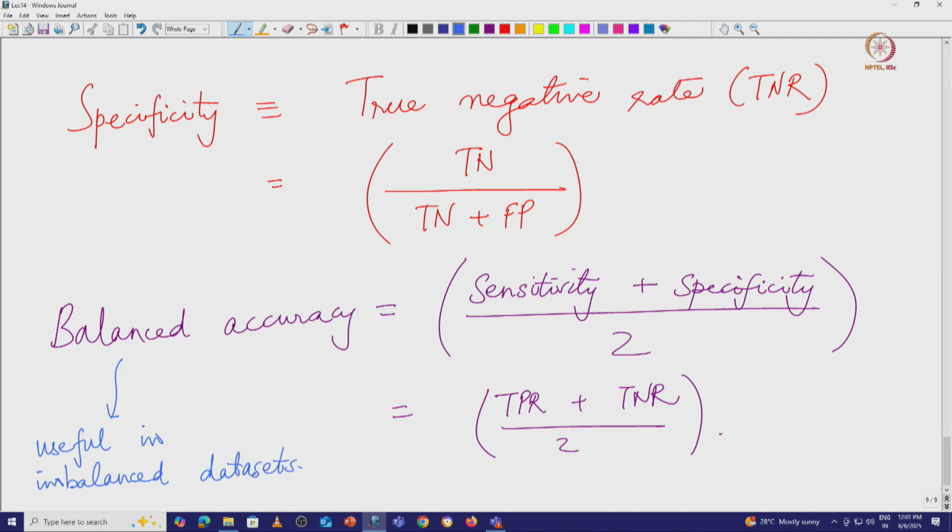But as a matter of principle, you can use it in all data sets. So, that is the balanced accuracy score.